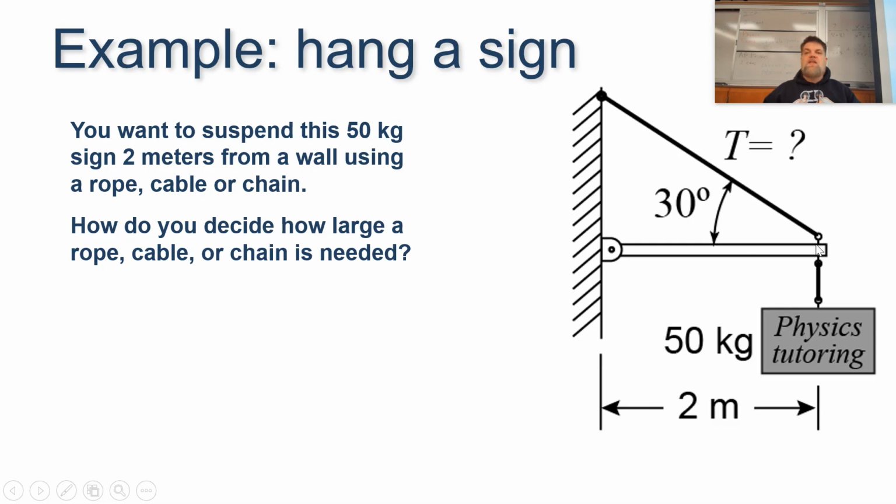And we'll talk about that too. This is a fixed pivot point. It's not moving left or right. So because it's not moving left or right, it's balanced in the x direction. So if we were to sum the forces, basically the tension's going this way in the x direction, but also the pulling, the torque will have an application that goes this way.